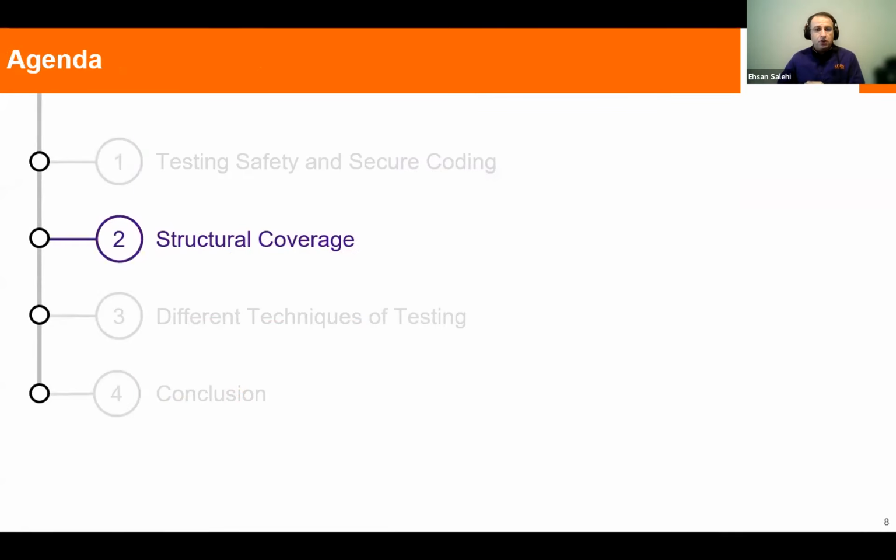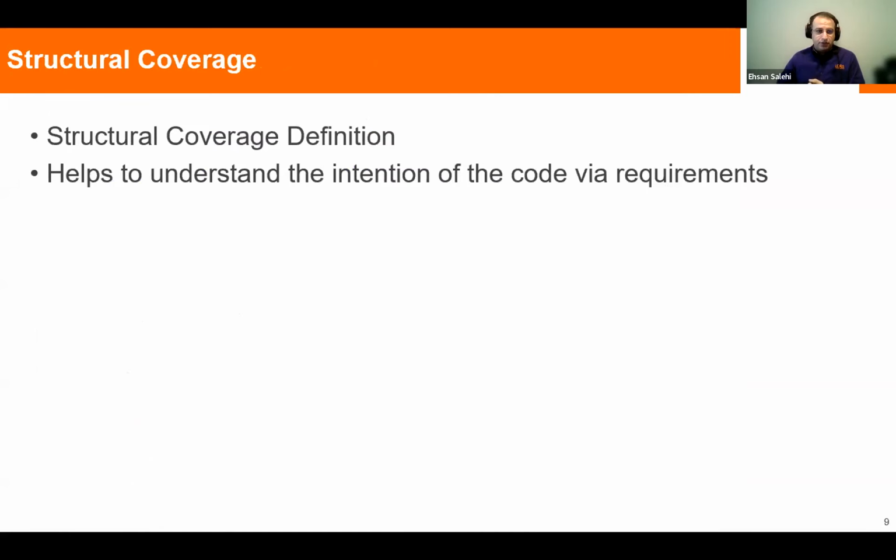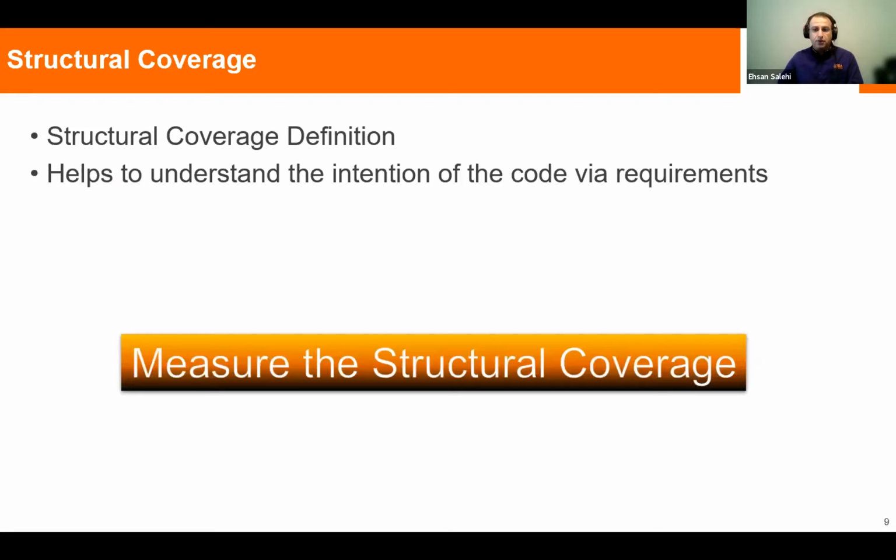So now we are going to move on to structural coverage, which is the heavy part of our talk here. Structural coverage is defined as how much of the code is covered by the executing tests. Structural coverage will help to understand if the code behaves and exists as intended from the requirements, and not just by the source code.